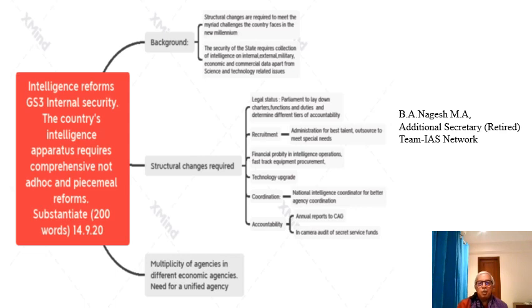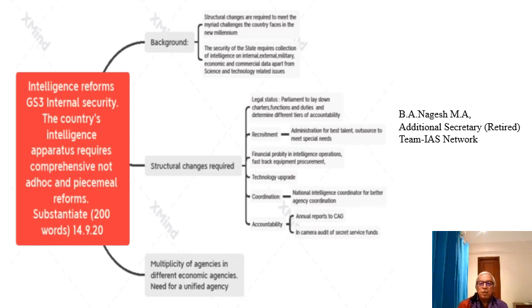First, we have a discussion on the background as we do in the other videos. Why do we require structural changes in the country's internal security, in the intelligence system? Structural changes are required to meet the challenges the country is facing in the new millennium.